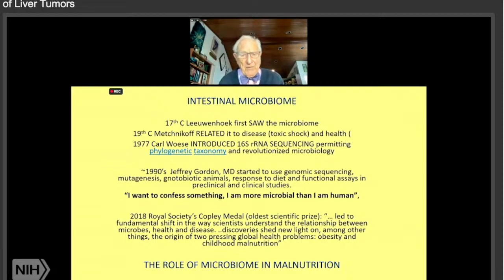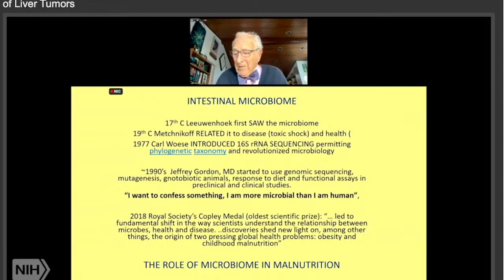Jeff started to use genomic sequencing, mutagenesis, gnotobiotic animals, and their response to diet and functional assays in preclinical and clinical studies. In one of his papers, he says, "I want to confess I am more microbial than I am human, because the contents of the microbiome, numbering in the trillions, far exceeds the sum total of all of the cells in the human body."